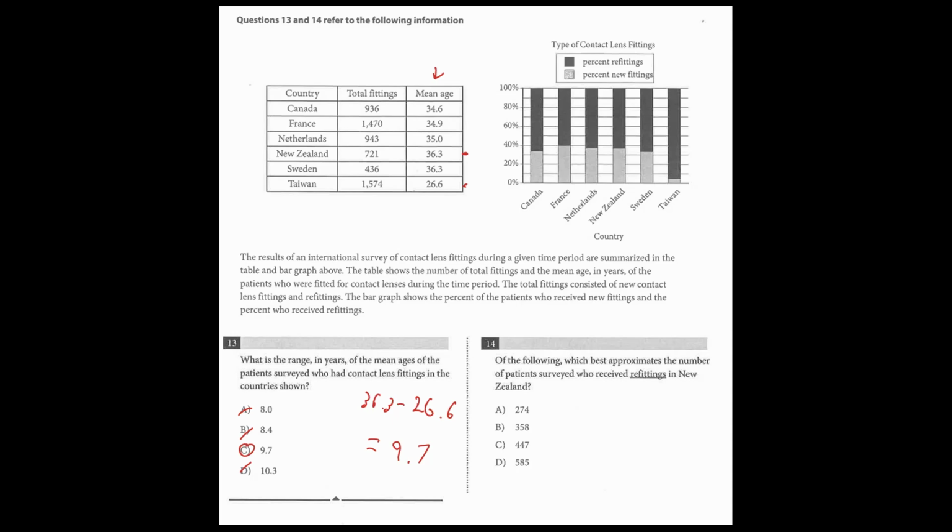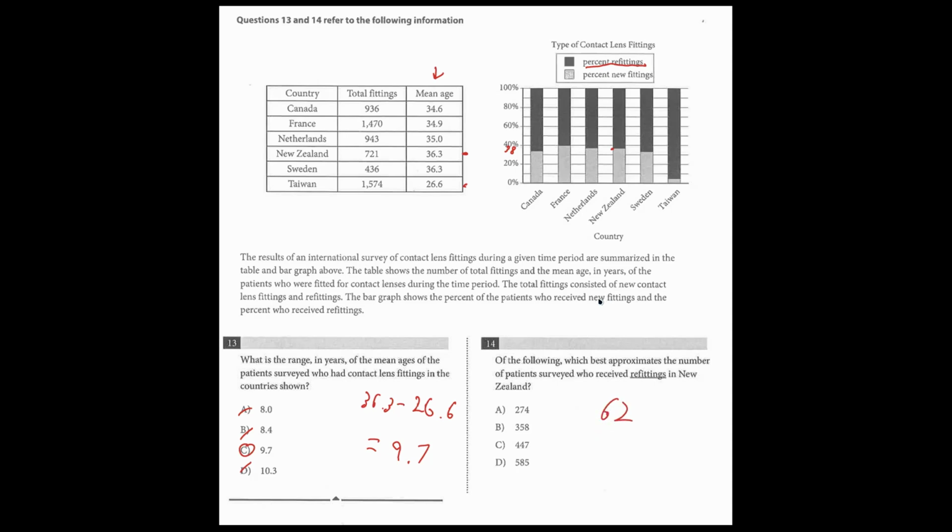Okay, so for question 14, which of the following best approximates the number of patients surveyed who received refittings in New Zealand? So we're looking for percent refittings, which is the gray or darker colored one. So we look at New Zealand, and we see it's approximately here, which is about 38. So we would take 100% minus 38 to find percent refittings, which is 62.